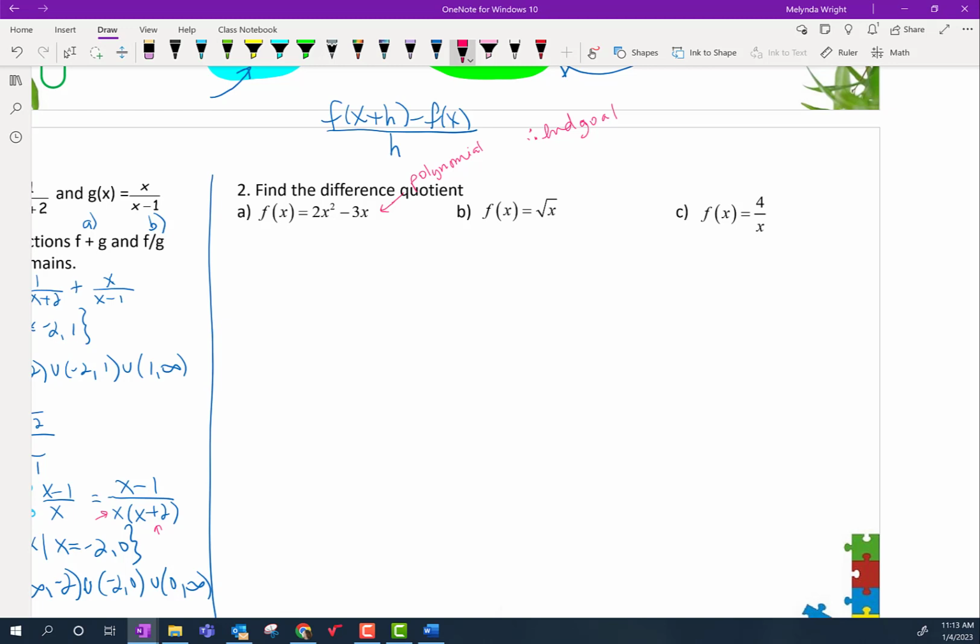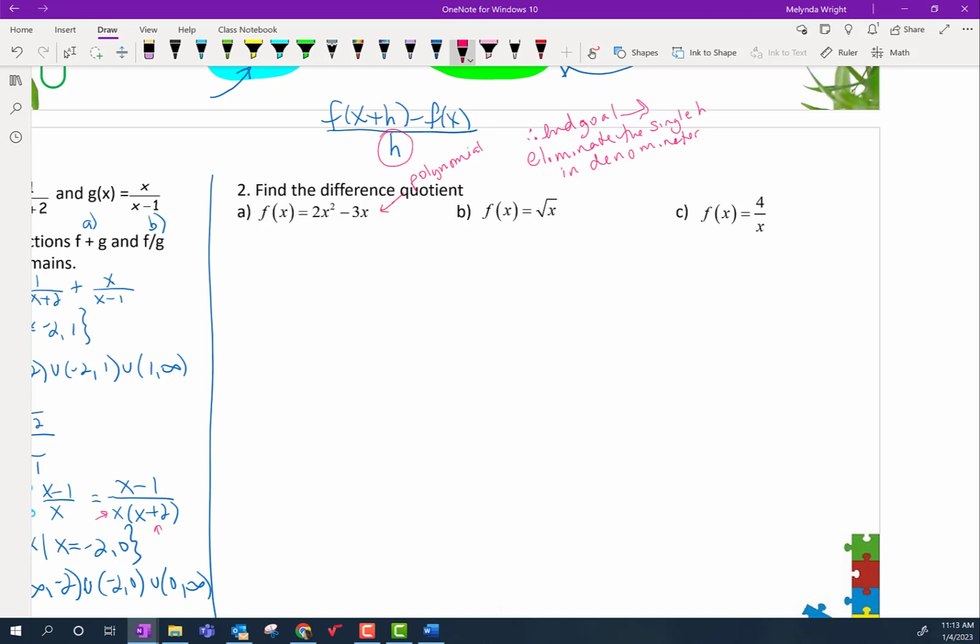Our end goal is to eliminate the single h in the denominator. That doesn't mean that h's can't be in the denominator. I'm talking about this single h right here, that guy that we start out with.